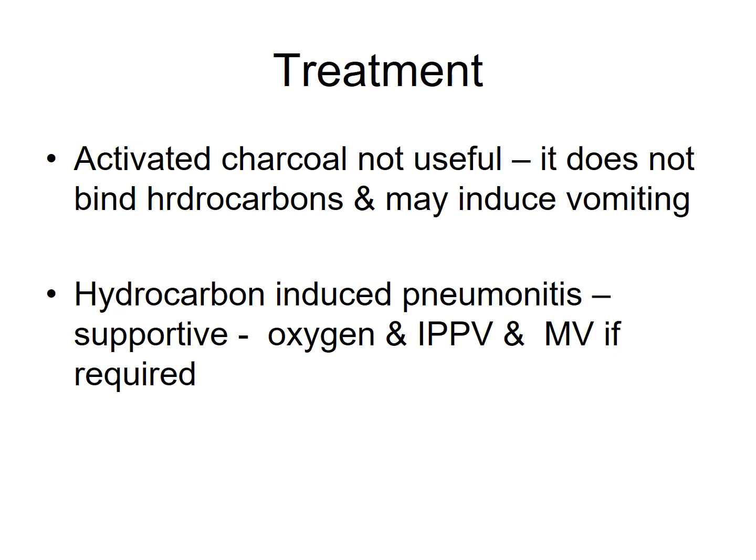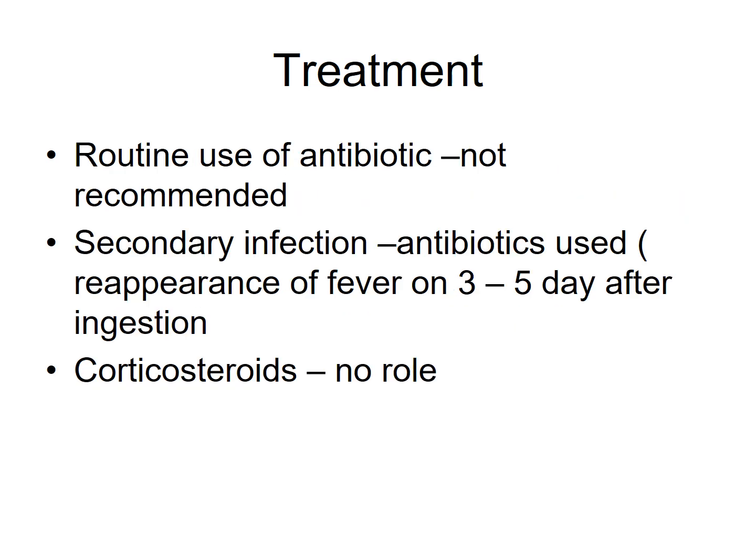If you see hydrocarbon-induced pneumonitis, then immediately start supportive treatment with oxygen and intermittent positive pressure ventilation, and mechanical ventilation if required. Routine antibiotic use is not recommended. Only if you suspect secondary infection do you give antibiotics.